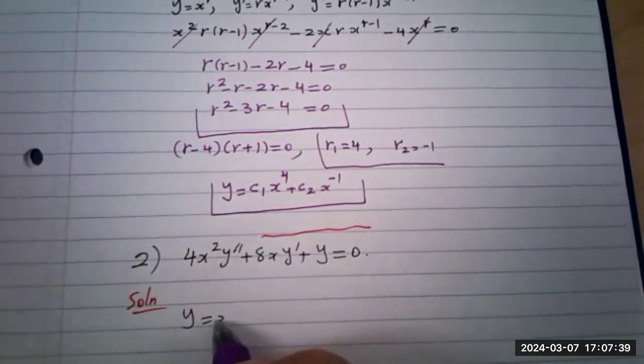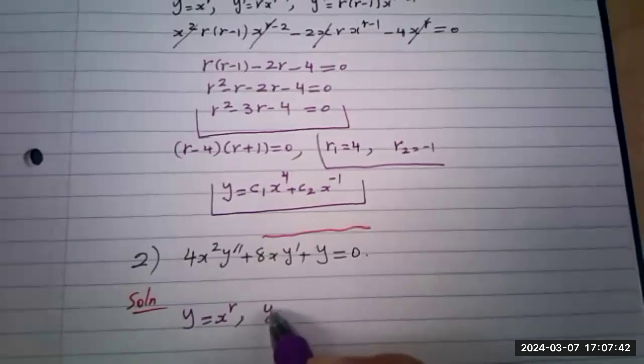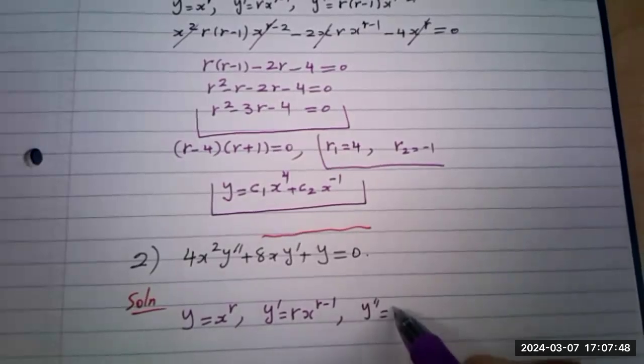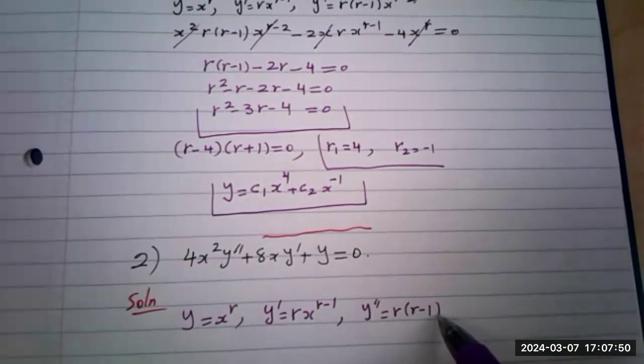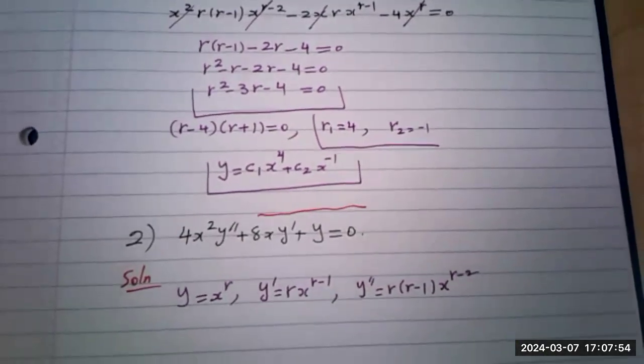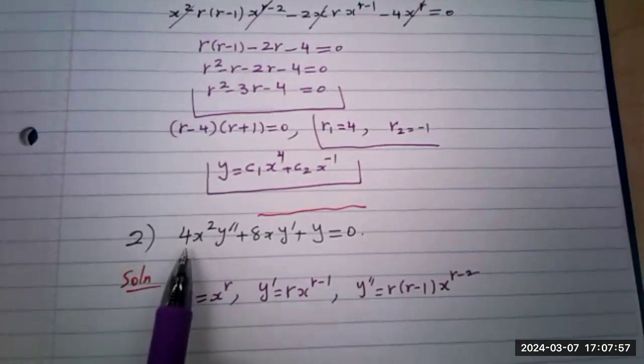Let y equal x to the r, the solution. Then y prime is r x to the r minus 1, and y double prime is r times (r minus 1) x to the r minus 2. Drop it into the equation, cancel out the x's to get your r.